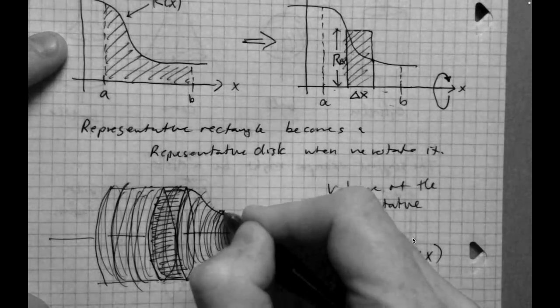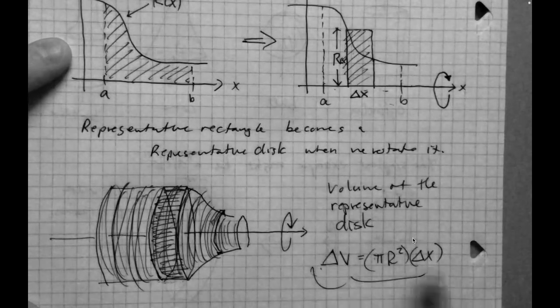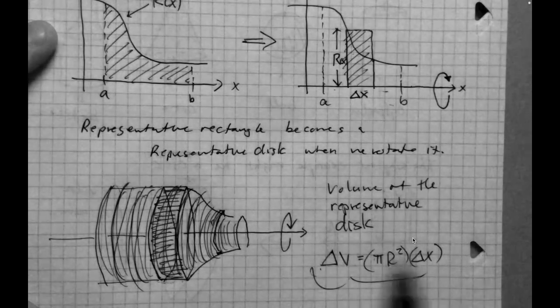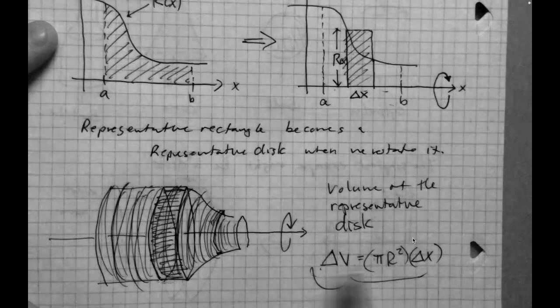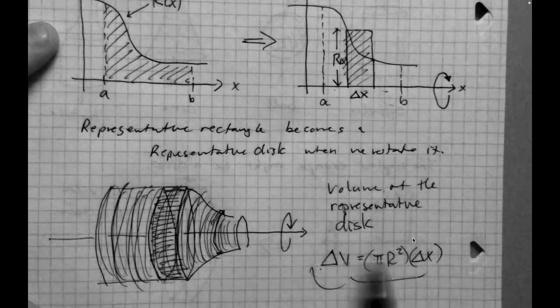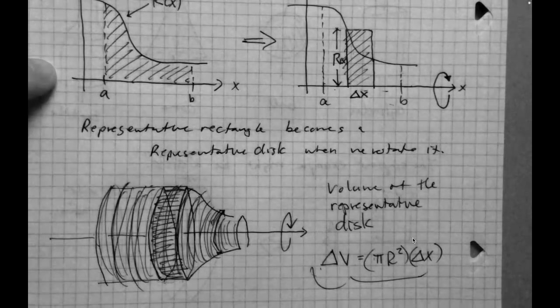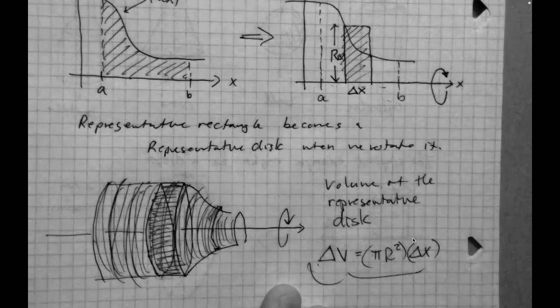So each one of these is a representative disk. Okay, and each one of them is going to have a volume that can be calculated using this exact formulation. And when you add all of those up, all of those little volumes of the representative disks, what you're going to get is the volume of the shape overall. Okay, so let's look at what that calculation looks like.